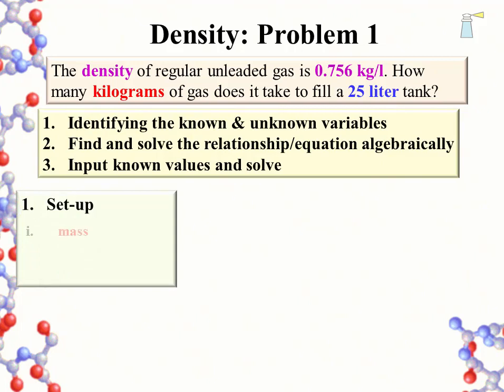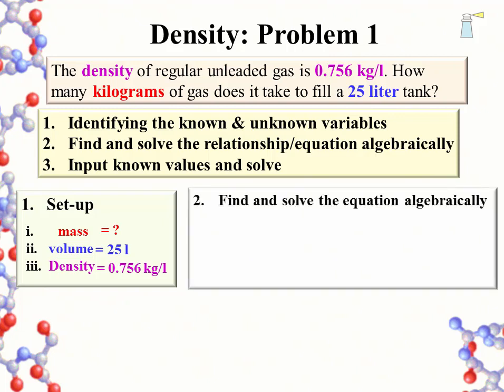Starting with mass. Do we know the mass in this problem? No, we don't. Mass is an unknown. Do we know volume? Yes, volume is given as 25 liters. Do we know density? Yes, it is given as 0.756 kilograms per liter. So now we've completed step 1. Step 2, find and solve the relationship or equation algebraically.